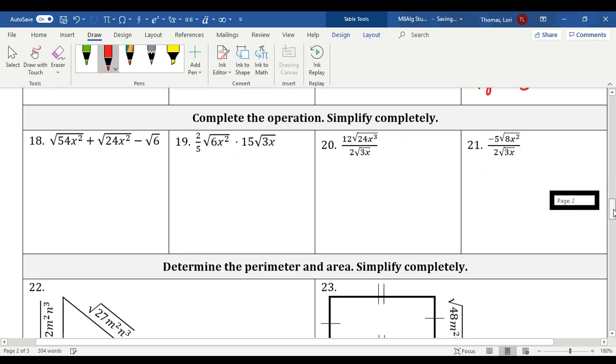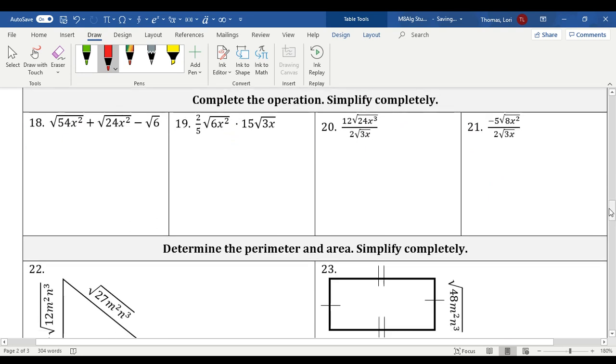Okay, now let's add radicals. Remember, this acts sort of like fractions in that our radicand has to be the exact same, and then we just bring it over. So we're going to have 54 is 9 times 6, x squared. 24 is 4 times 6, x squared, and then minus square root of 6.